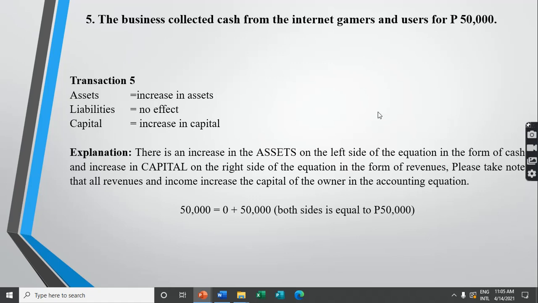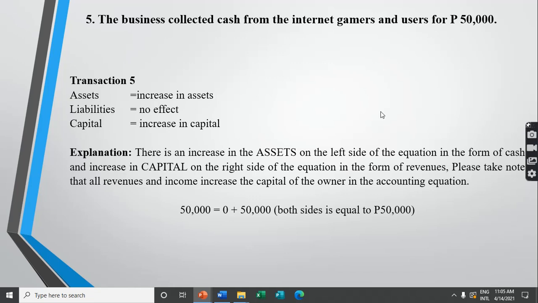The business collected cash from the internet gamers and users for 50,000. So, nagka-collect daw si business ng cash sa mga internet gamers and users worth 50,000. So, meaning, nadagdagan yung cash mo, which is asset.